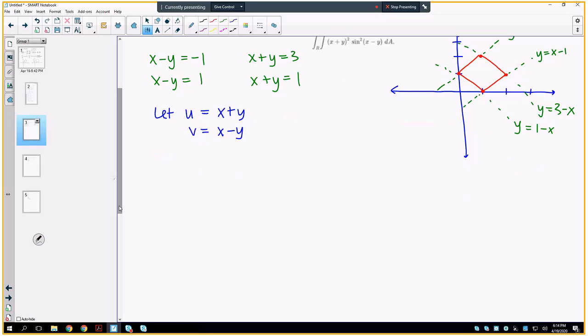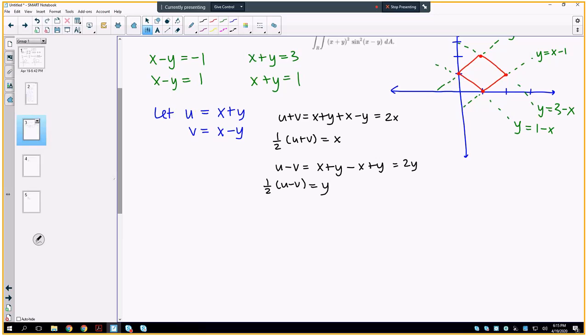So u plus v gives me x plus y plus x minus y, and that's 2x. So 1/2 of u plus v is x. What about u minus v? That looks like x plus y minus x plus y, which is 2y. So 1/2 of u minus v can be my y.